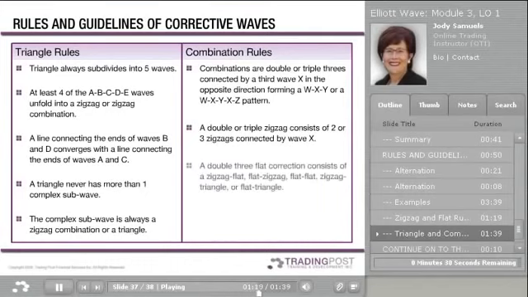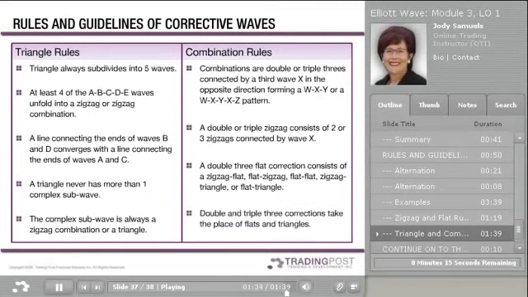A double 3-flat correction consists of a zigzag flat, flat zigzag, flat flat, zigzag triangle, or flat triangle. Double and triple 3 corrections take the place of flats and triangles.